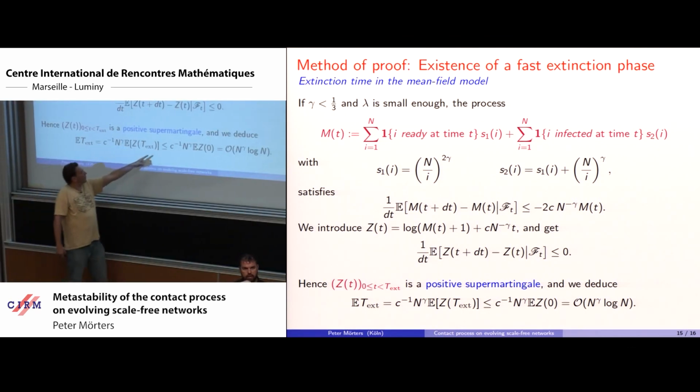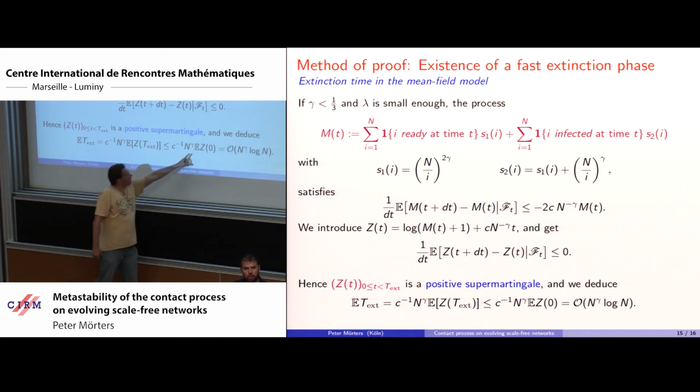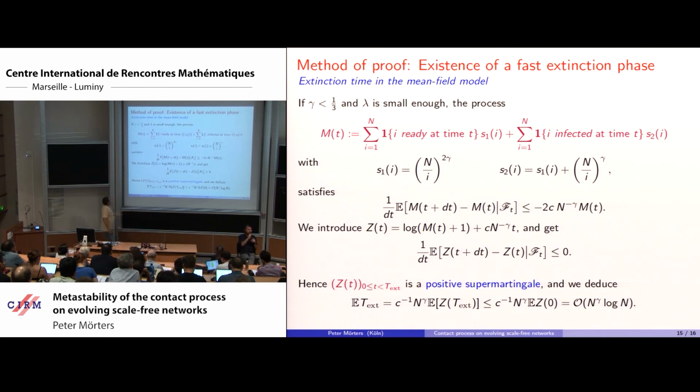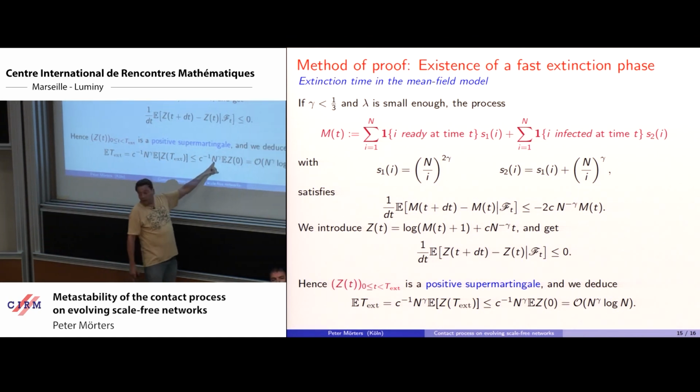Now this optional stopping tells you that this is less or equal the same constant multiplied with the state at time 0. It would be reasonable to assume that at initial time everyone is ready, but it doesn't matter too much because it's in the log, so it's log of some power of n, so up to a constant this gives a log n, and the n to the gamma is there.